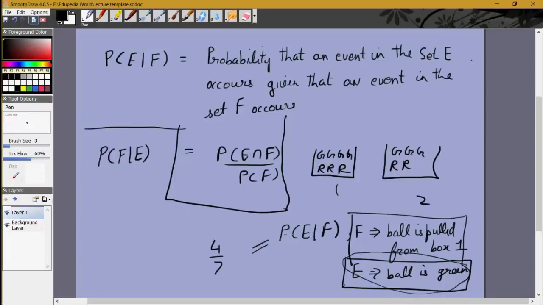So P(E|F) means if the ball is pulled from box 1, what is the probability that the ball is green? P(F|E) means if the ball is green, what is the probability that it was pulled from box 1? And we will try to get P(F|E) in terms of some known functions which would involve things like P(E|F). So that is the problem we'll try to solve with Bayes' theorem.